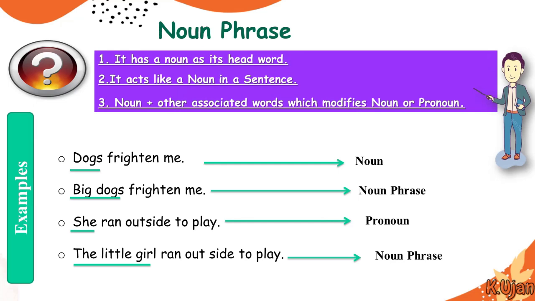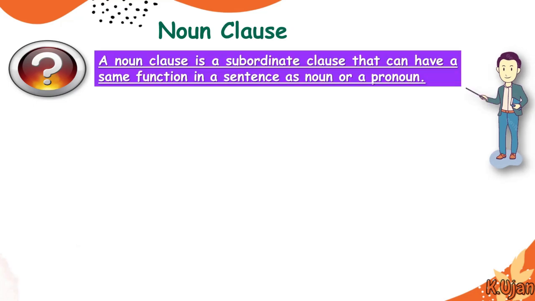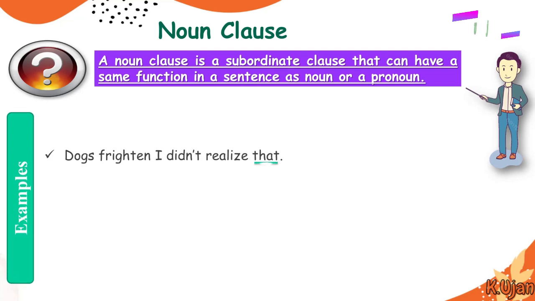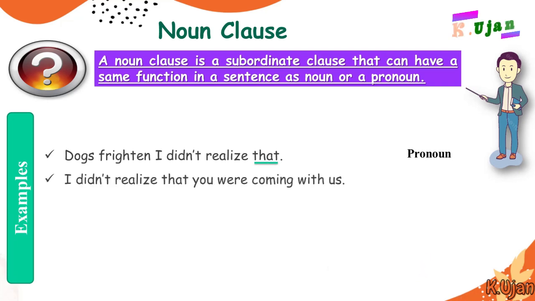So now let's begin and talk about the noun clause. A noun clause is a subordinating clause that can have the same function in a sentence as a noun or a pronoun. For example, I didn't realize that. So here that is a pronoun. I didn't realize that you were coming with us.